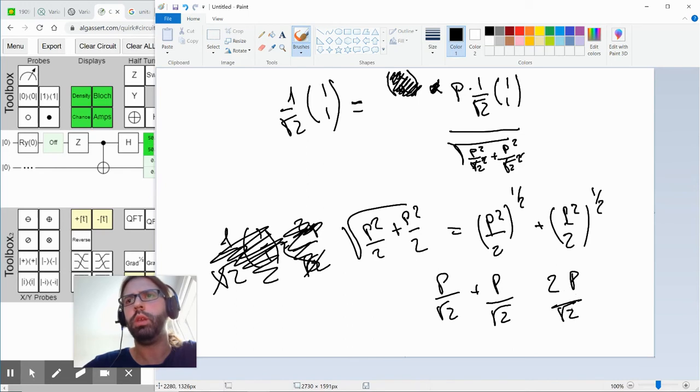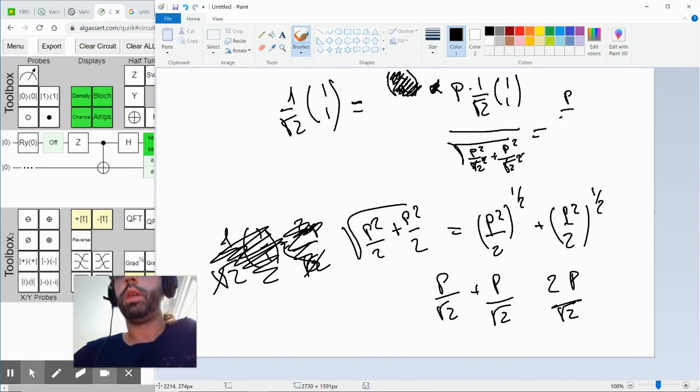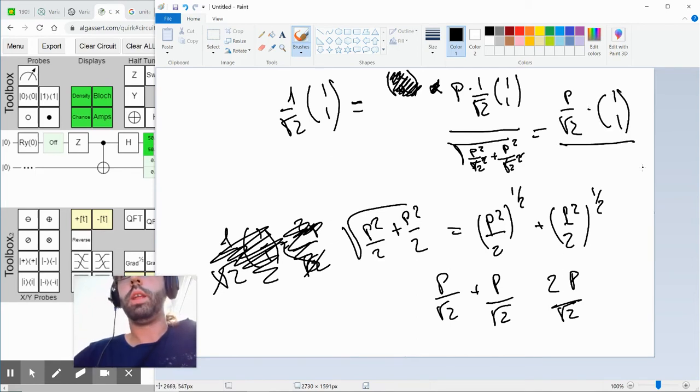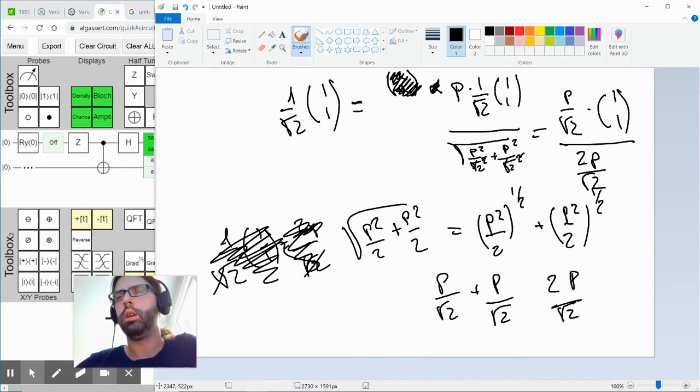The 2P square root of 2. So this is P square root of 2 divided by 2P square root of 2.